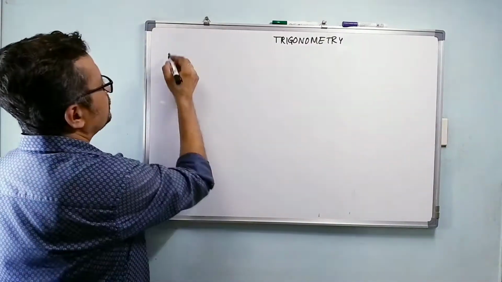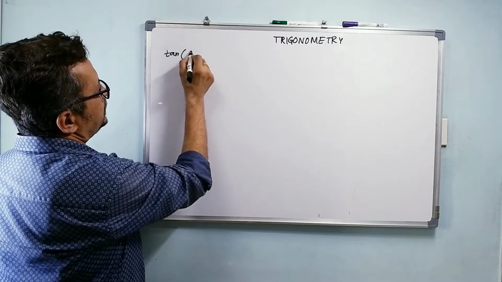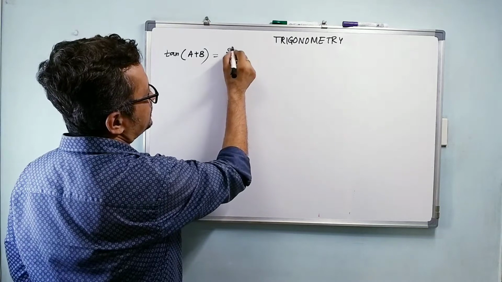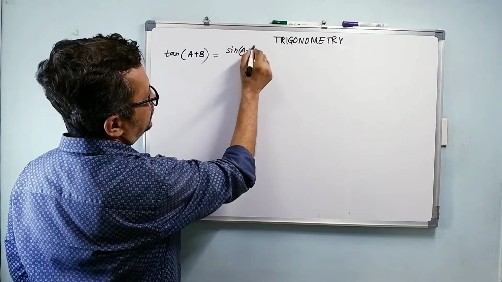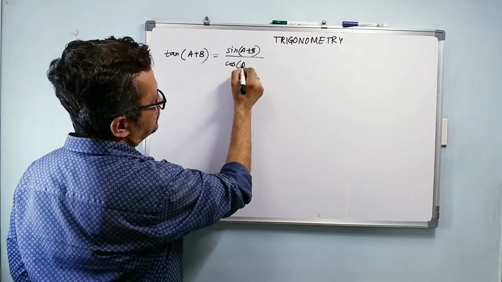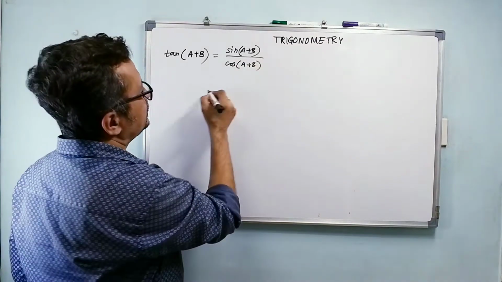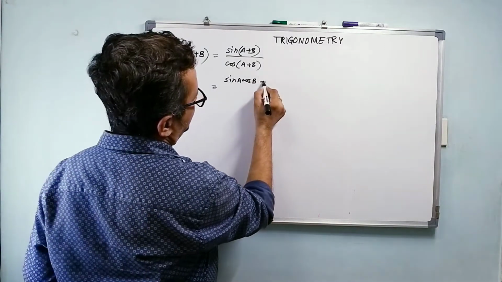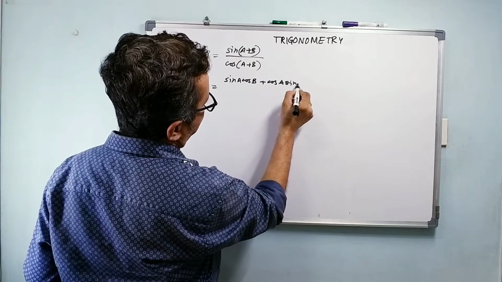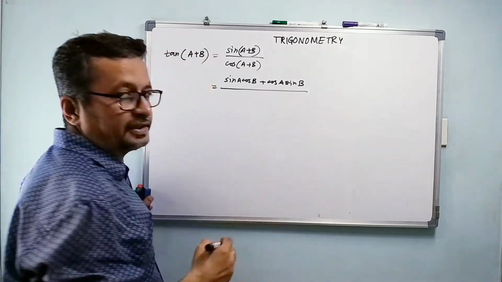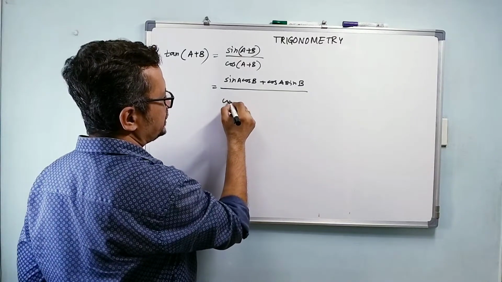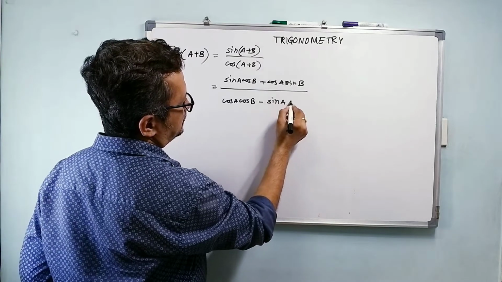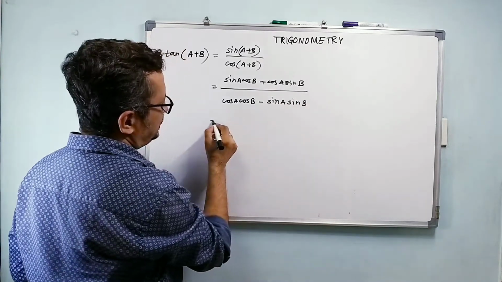I want tan of A plus B. Is it not the ratio of sine A plus B to cos A plus B, right? So my sine A plus B is sine A cos B plus cos A sine B, and this whole thing is divided by cos of A plus B, which is cos A cos B minus sine A sine B. Now listen carefully.